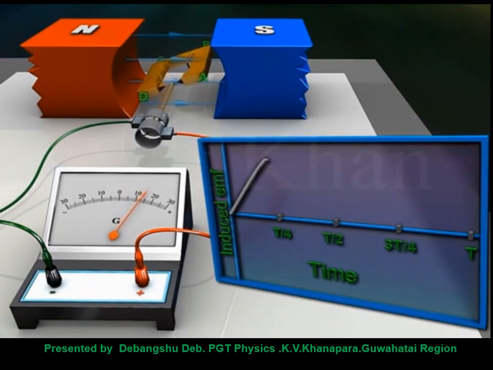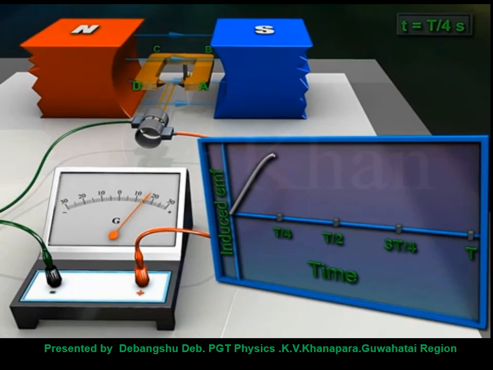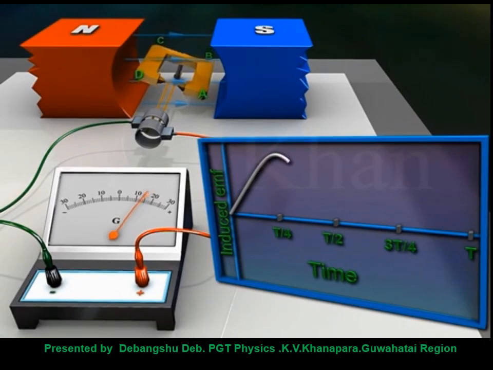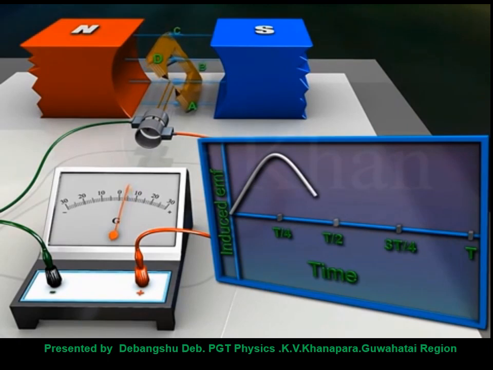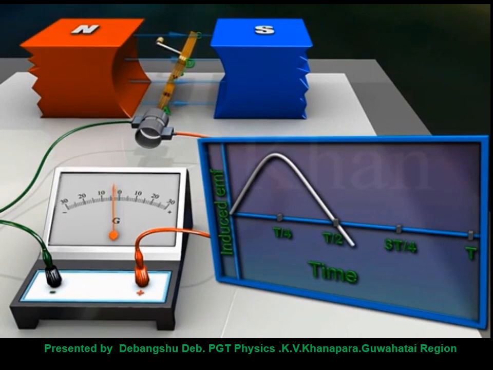At T by 4, one quarter of the rotation, it will become maximum. Then it will be decreasing again. You can see the galvanometer also. It will reduce when it rotates like this, and once it reaches T by 2, meaning half cycle is completed, it is rotated by 180 degree. At that time the voltage once again becomes 0. Now the current will reverse.